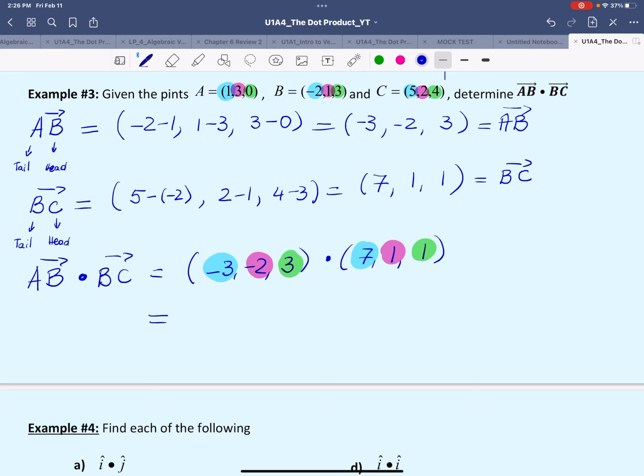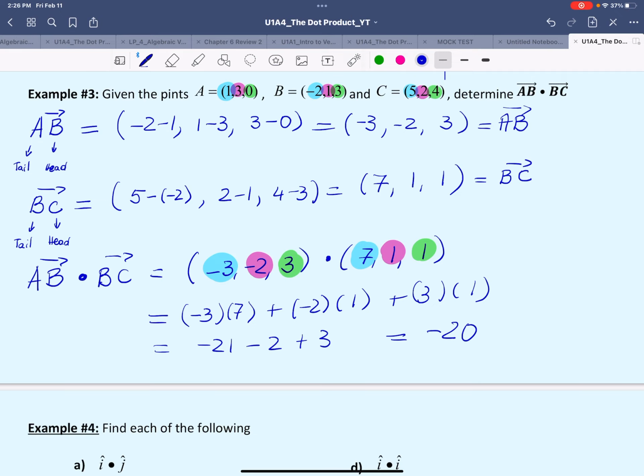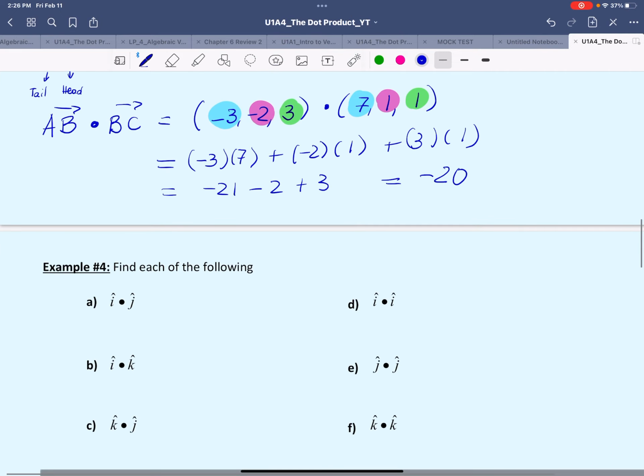So that would be -3 times 7 plus negative 2 times 1 plus 3 times 1. So that's negative 21 minus 2 plus 3, or negative 20. So negative 20 for the dot product of these two vectors.